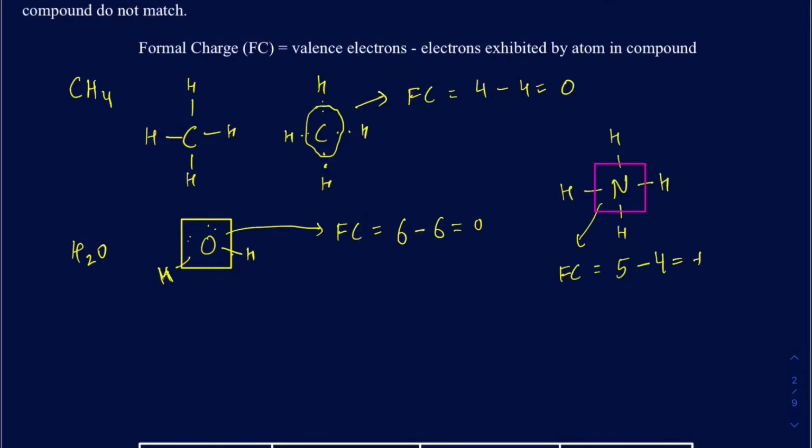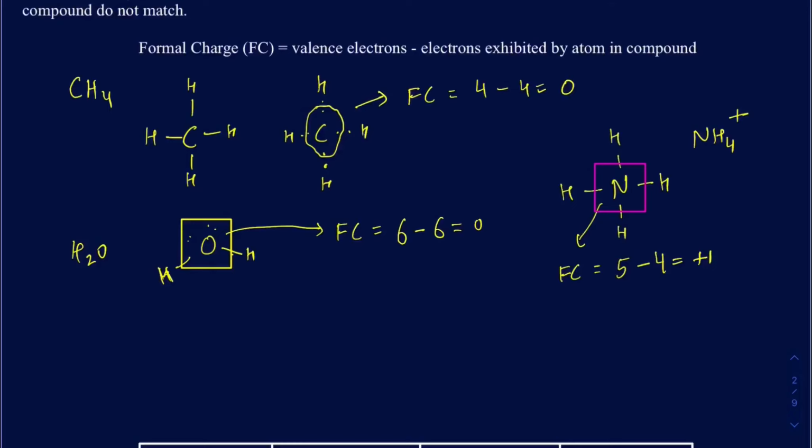So that's going to be a +1 formal charge. This nitrogen has a +1 formal charge, and if you recall, there is an ion called ammonium, and in the ammonium ion it's the nitrogen that carries the +1 formal charge. There are a couple of ways you can write this compound.